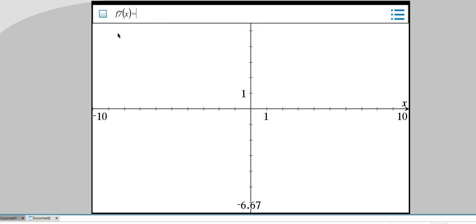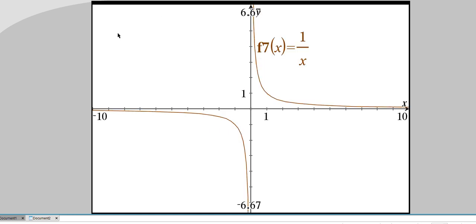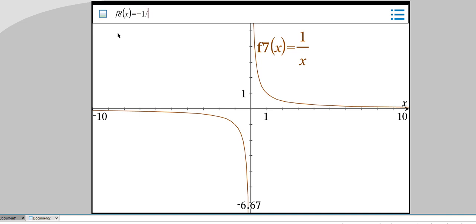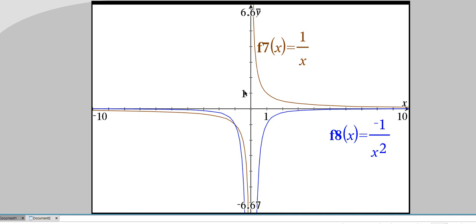Let's consider the other function. The other function was 1 over x, and its derivative was negative 1 over x squared. So the brown is the function, and the blue is its derivative. Well, that brown function is always decreasing, and its derivative is always negative.